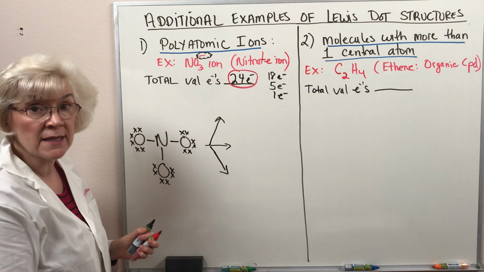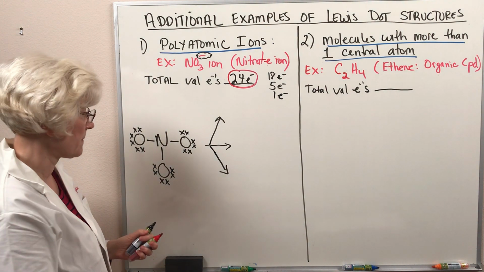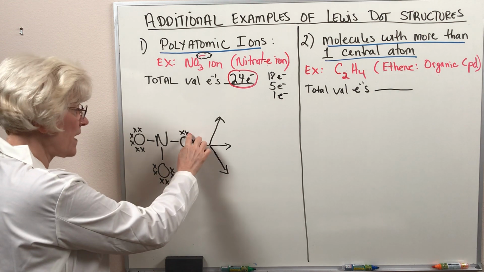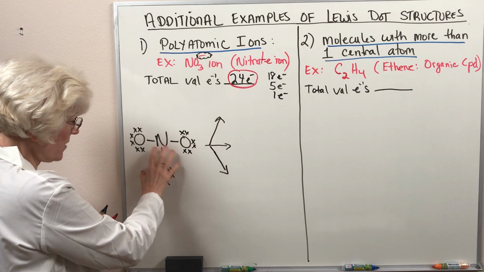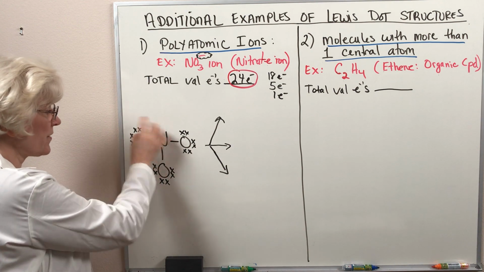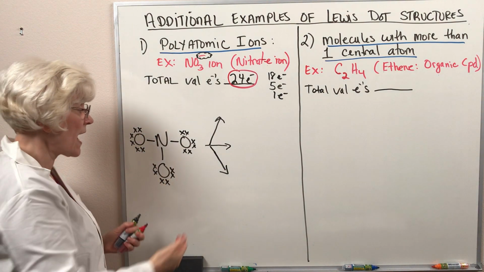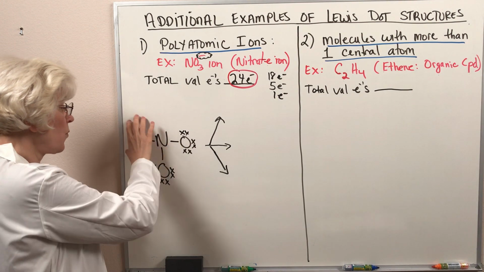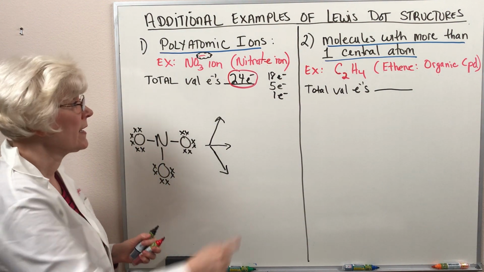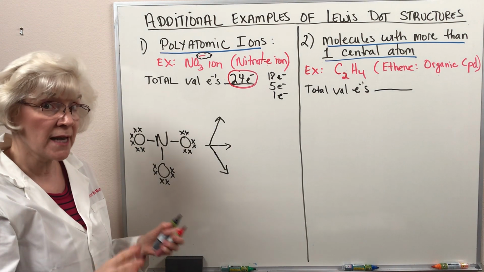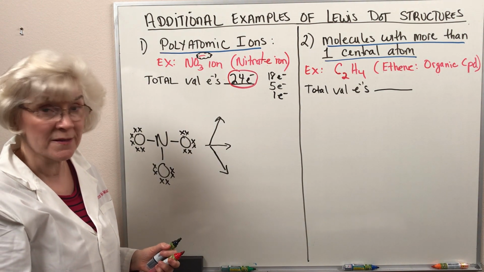How many valence electrons have we used up? Well, there's 8 valence electrons here, 2, 4, 6, 8, another 8 here, and another 8 here. So that gives us a total of 24 valence electrons showing in this picture. And that's all of the electrons that we have to work with.